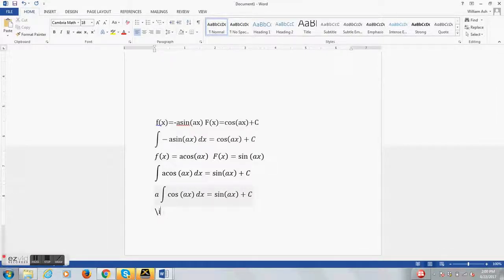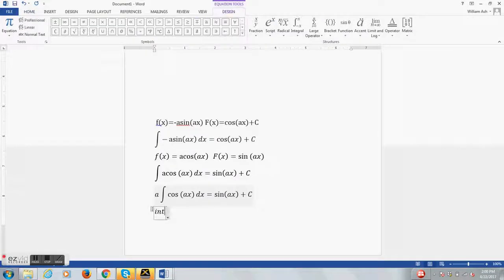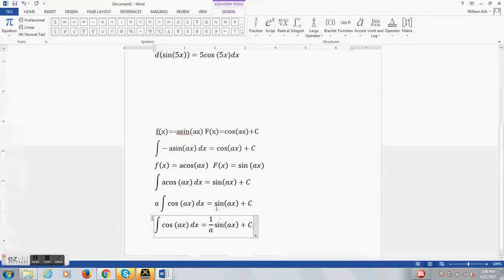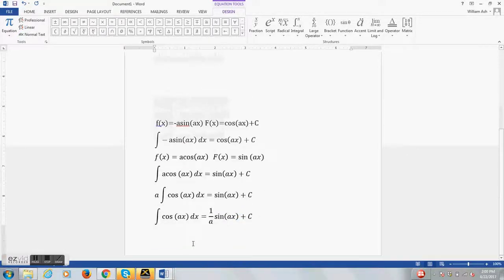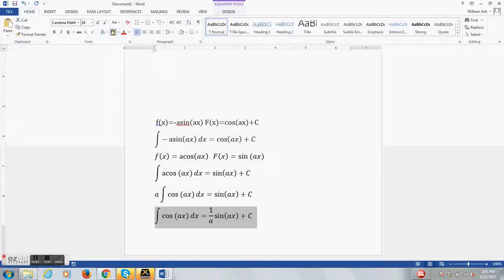So the integral of cosine ax dx equals 1 over a sine ax plus c. And look, that's actually the situation we're in. That's probably the more realistic scenario that you're going to be dealing with.